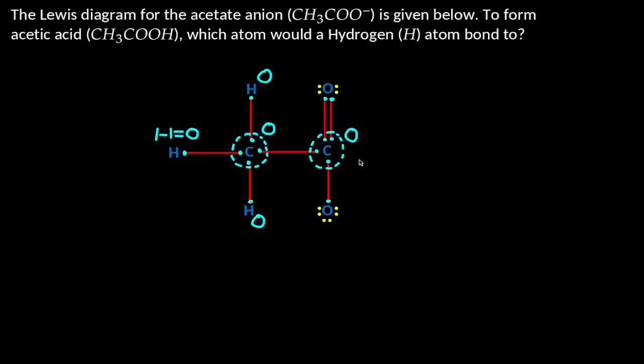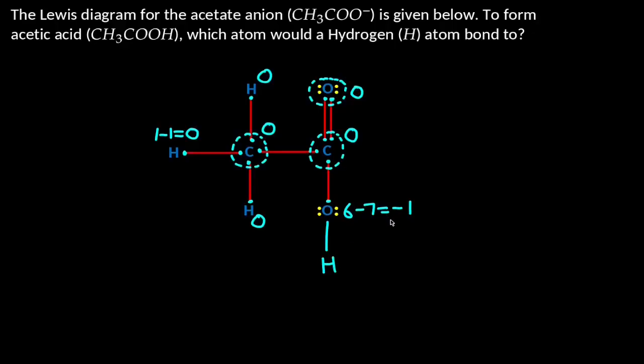And for the upper oxygen, oxygen has 6 valence electrons minus 6 assigned electrons, which gives a formal charge of 0. And the lower oxygen has 6 valence electrons minus 7 assigned electrons, which gives a formal charge of minus 1. So what we do is take 2 electrons from this oxygen and create a bond between the oxygen and the hydrogen to form acetic acid.